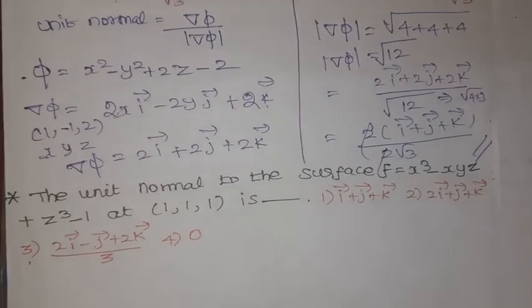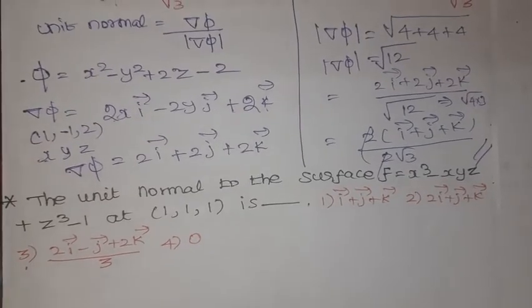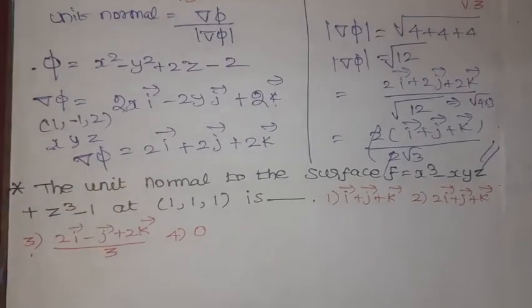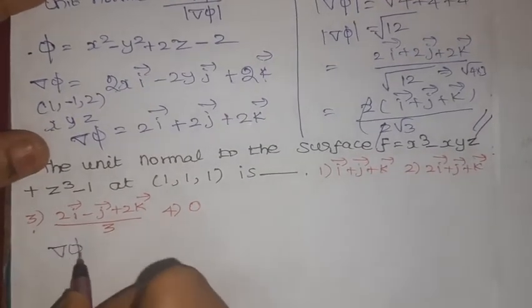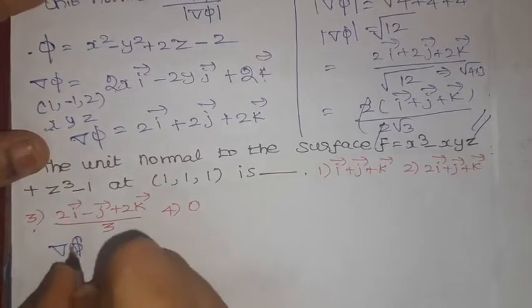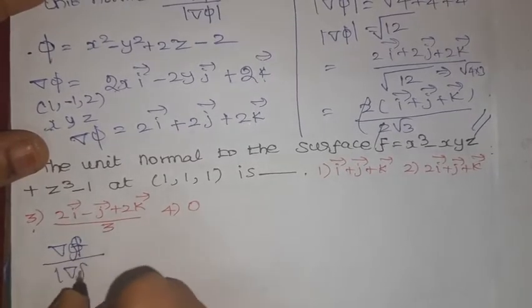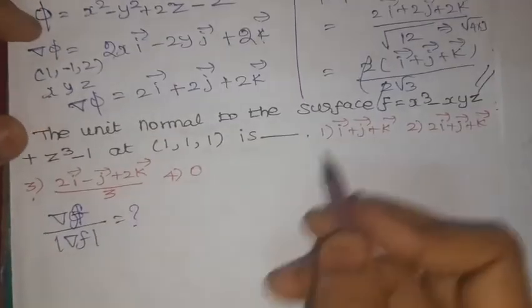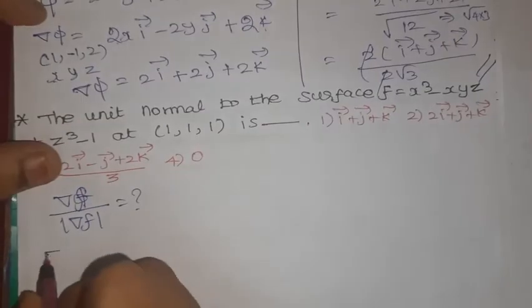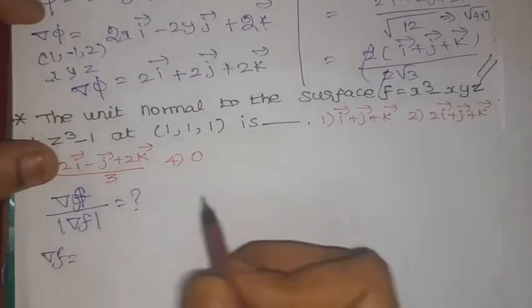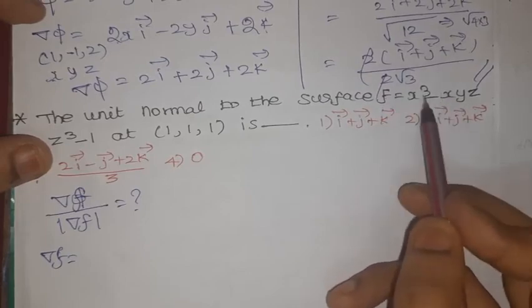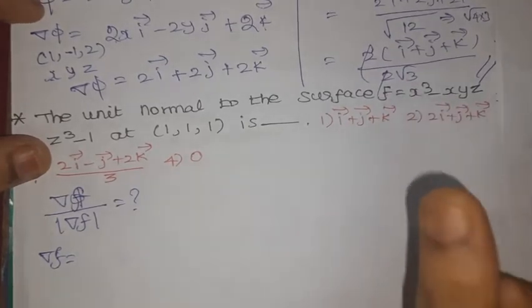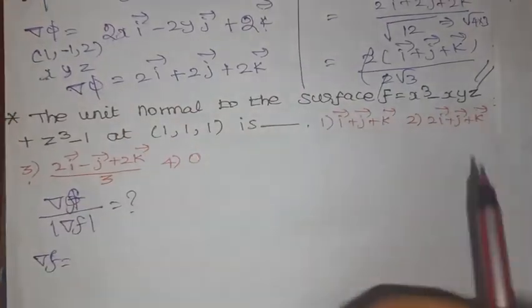Then the same thing, the unit normal to the surface we are going to find out from the given point. Okay, the same thing, del phi, here f is given, so del f divided by mod del f we need to find out. So f is given, so from that find out del f. So find out i into dou f by dou x, this term.